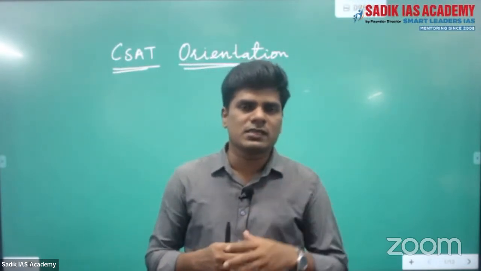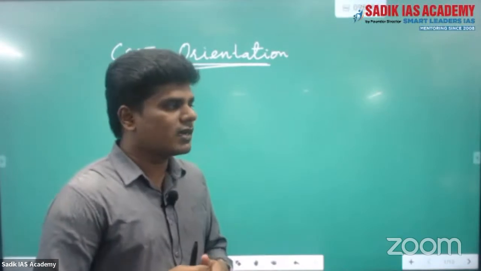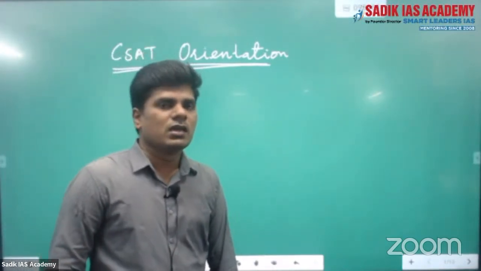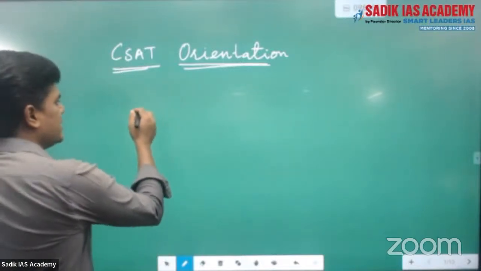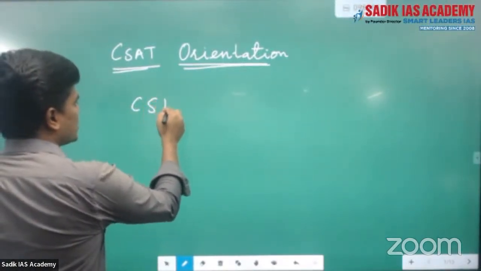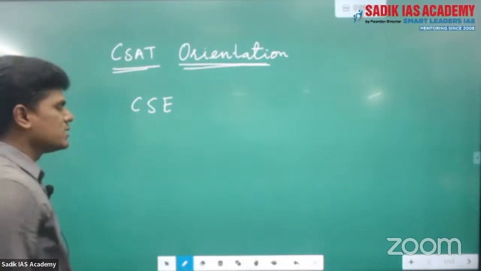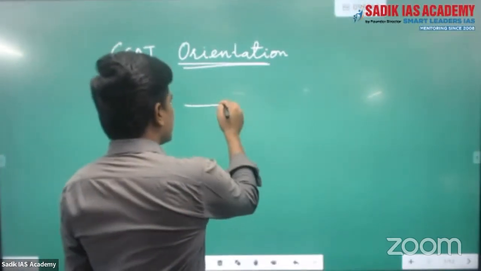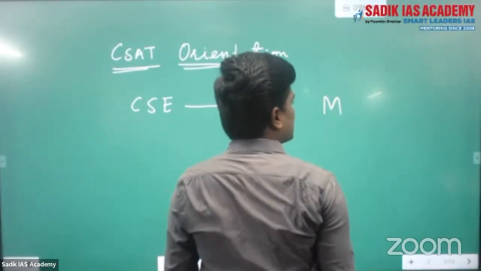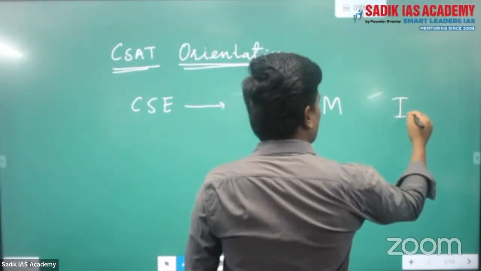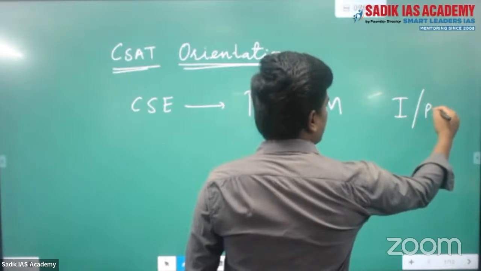The first is where the CSAT paper comes in the civil services examination. You all know the UPSC civil services examination is a 3-stage examination: preliminary, mains, and finally the interview, or personality test.